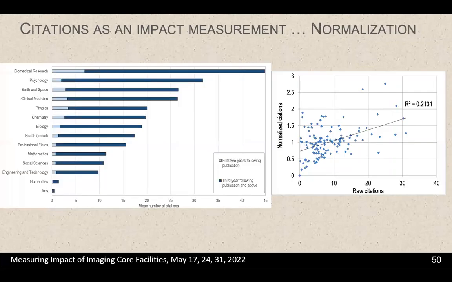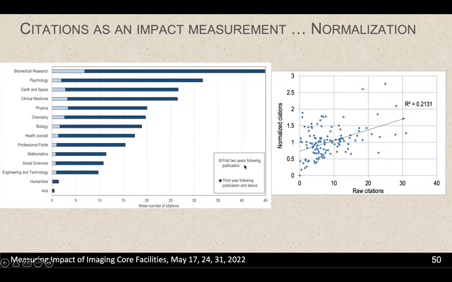If we were to look at citation as an impact measurement for normalization, on the left-hand side of the graph you can see by different fields the mean number of citations. For example, in biomedical research you have a mean of 45 citations per paper.